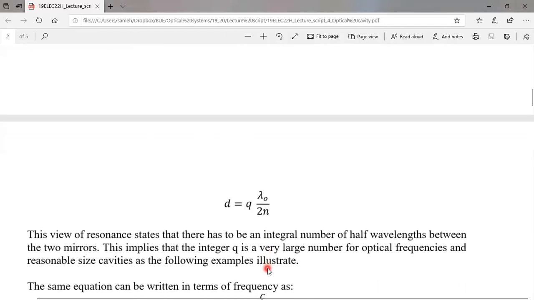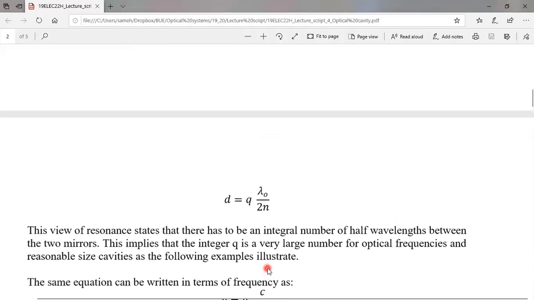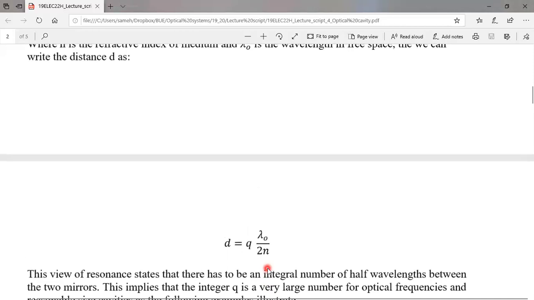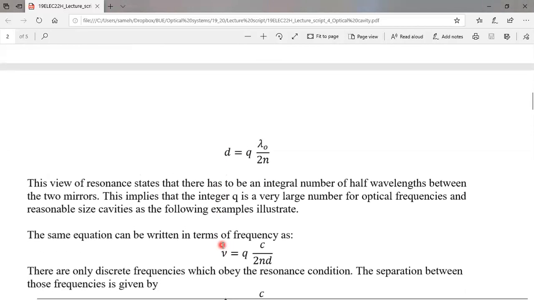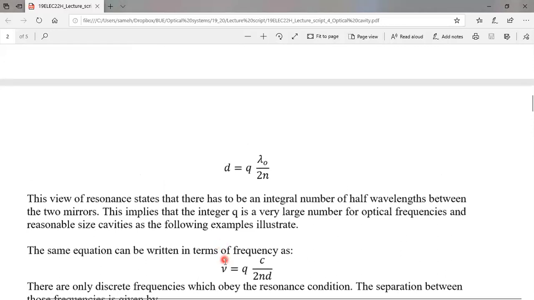Now, we can rewrite this equation in another form. At this stage, I wrote the equation in terms of lambda, however, in terms of q. I can also write it in another form. I can say that mu, which is the frequency, should be equal to qc over 2nd.